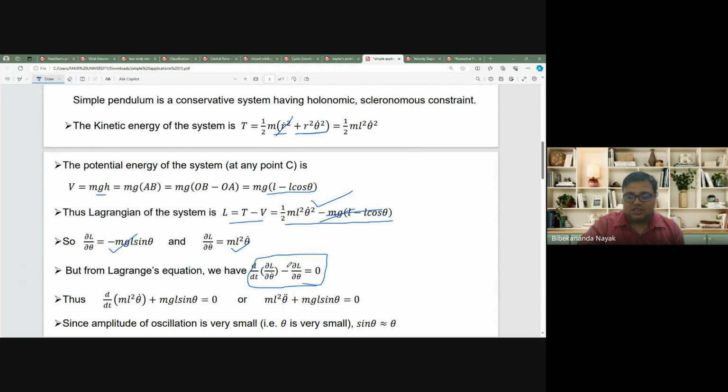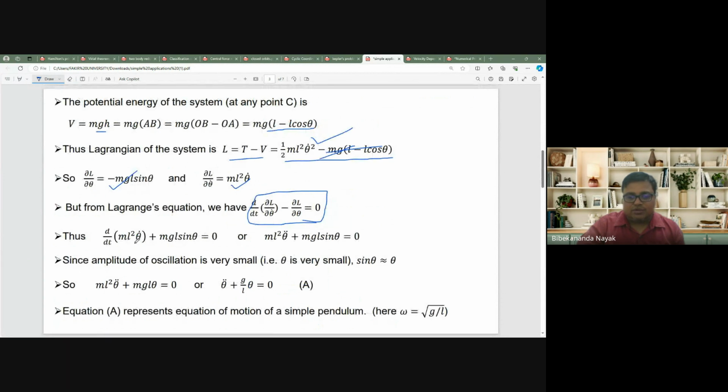Putting this in Lagrange's equation, we find d by dt of m L square theta dot plus mgL sin theta is equal to 0, which ultimately gives m L square theta double dot, meaning the double derivative d square theta by dt square, plus mgL sin theta is equal to 0. This is the equation of motion.